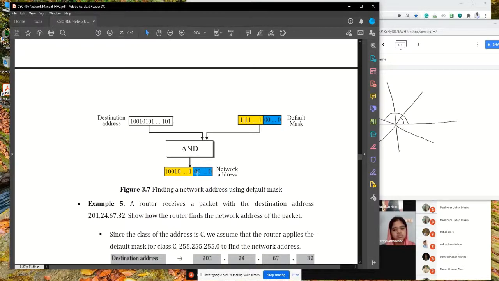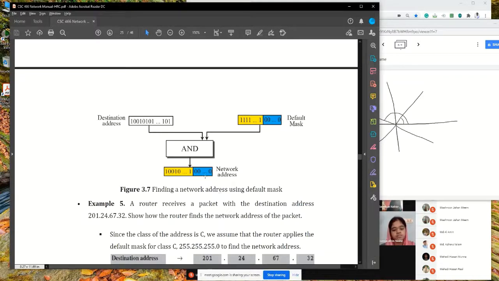So what is the technique? If you convert your IP address into binary, and convert your subnet mask into binary, and then you combine them with a binary operation, the result will be your network address. That is the technique.